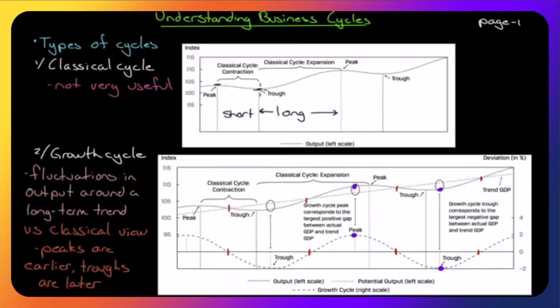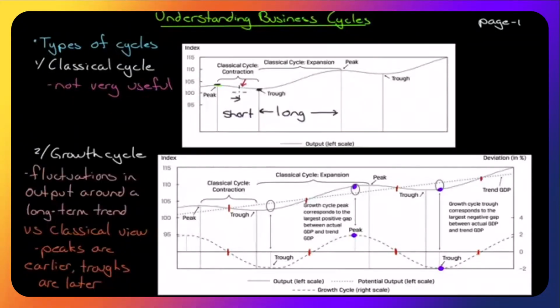The trough was the bottom of the output or the measure of output before it would start to rise again. And peak to trough were typically very short periods, and trough to peak were typically very long periods, which coincided with equity market cycles very well.